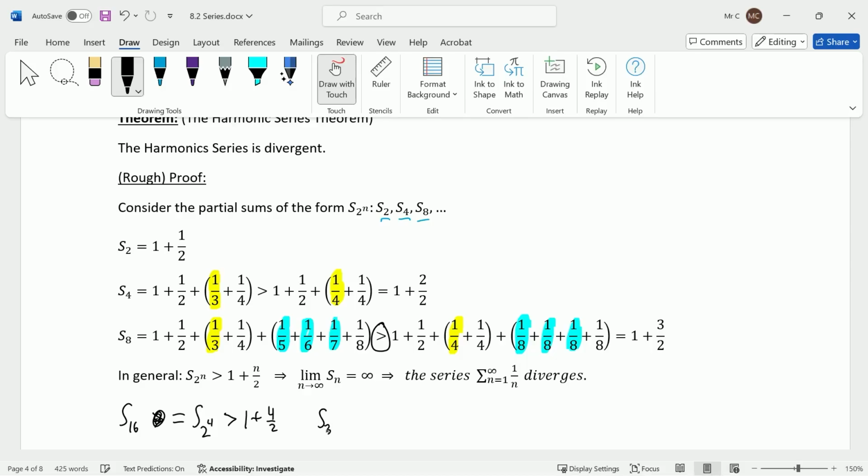And so s sub 32, that's s sub 2 to the 5th power, and we know that's going to be bigger than 1 plus 5 over 2. The whole point being that if all of those partial sums are bigger than 1 plus n over 2, then when we take the limit, since this thing goes to infinity, the partial sums have to go to infinity, and so the series diverges.